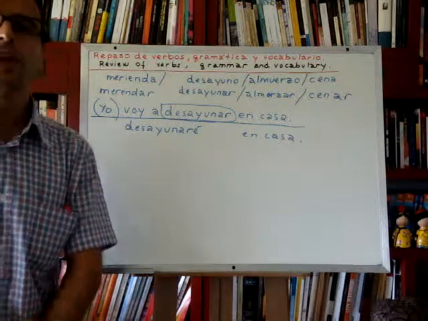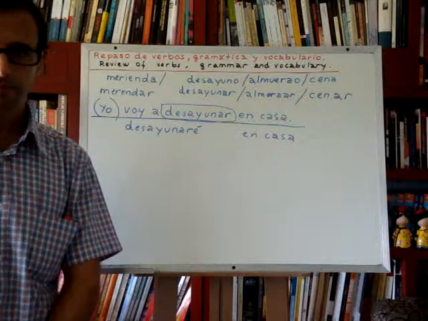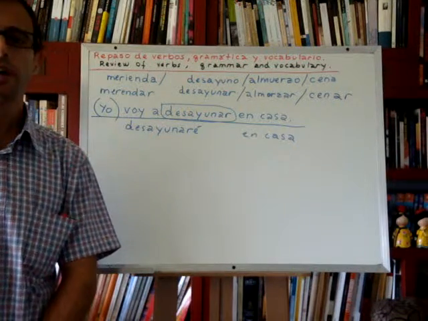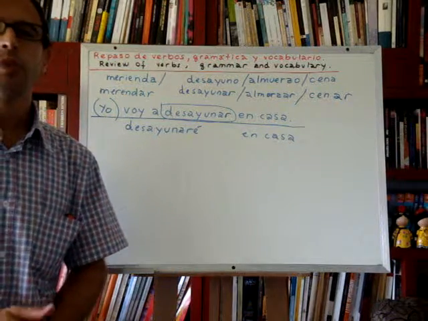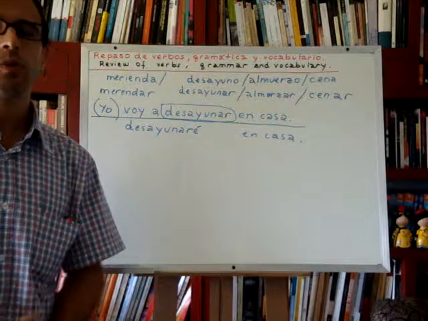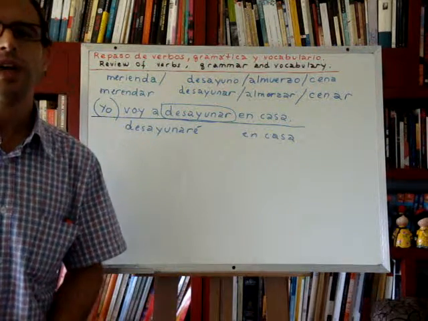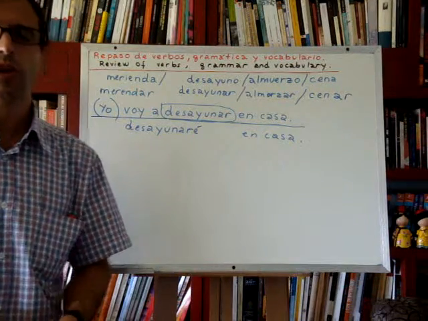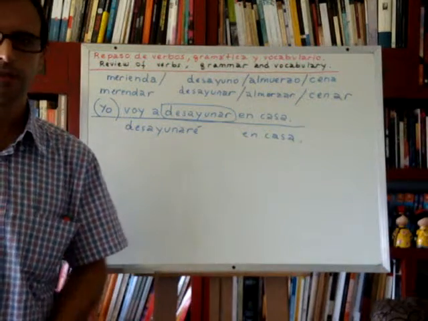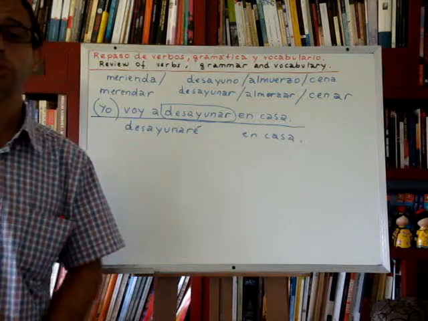So how do we say in Spanish, I am hungry, or I feel hungry, right? Remember, in Spanish, when we have a sensation, we say we have the sensation. We do not feel the sensation, or we are not the sensation, right? So how do we say we are hungry?